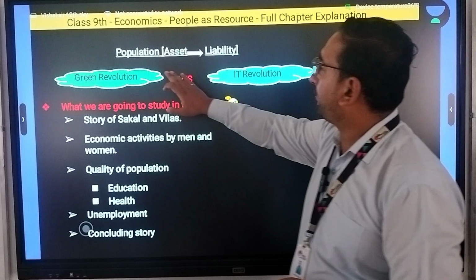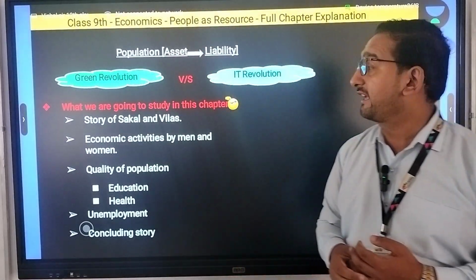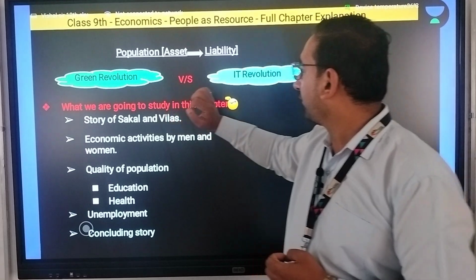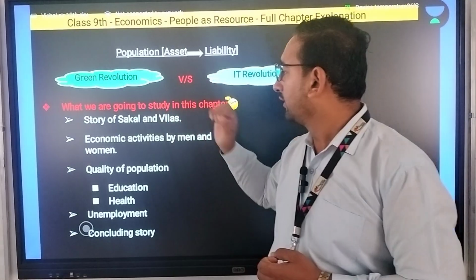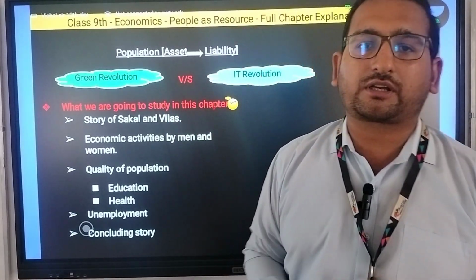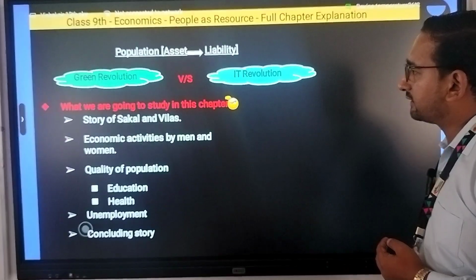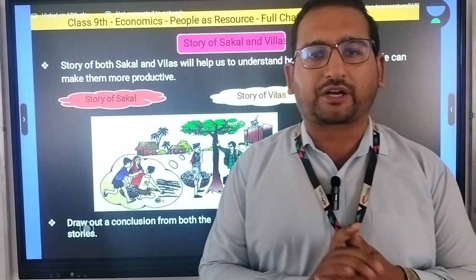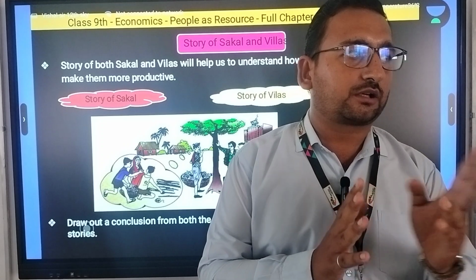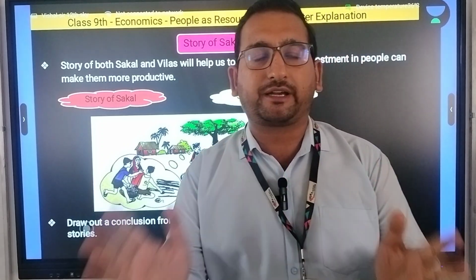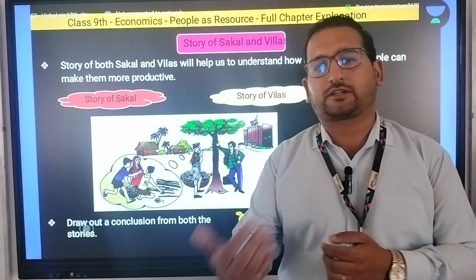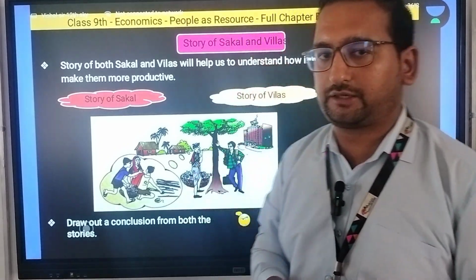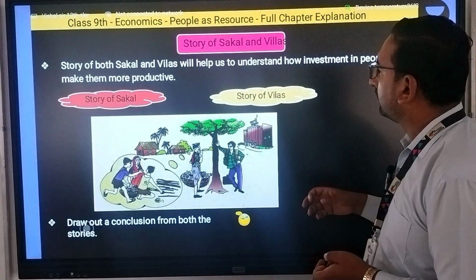Next is population as assets and liability, the difference, the green revolution and the IT revolution. There are two stories, about Sakal and Vilas, in which we study two different conditions of two rural boys, how they spent their life and became successful.